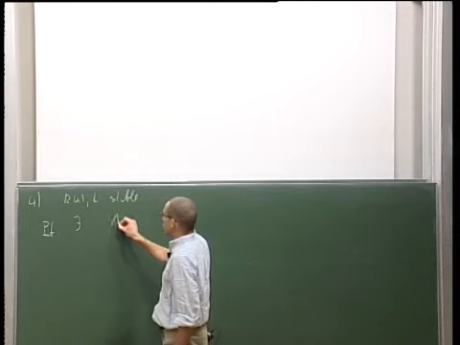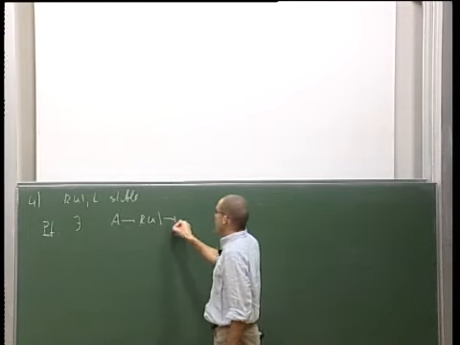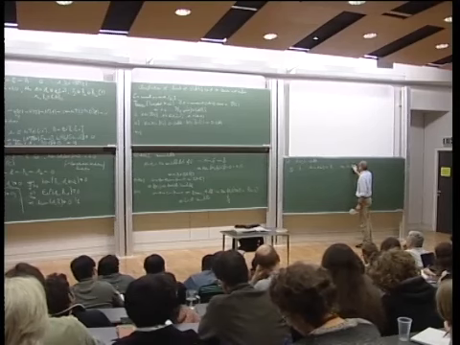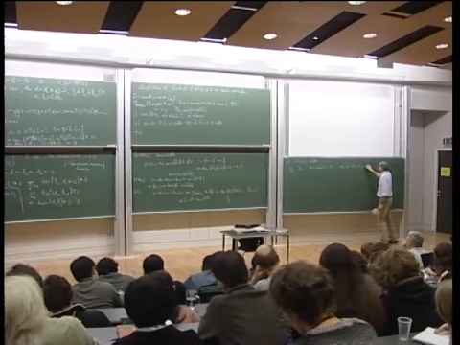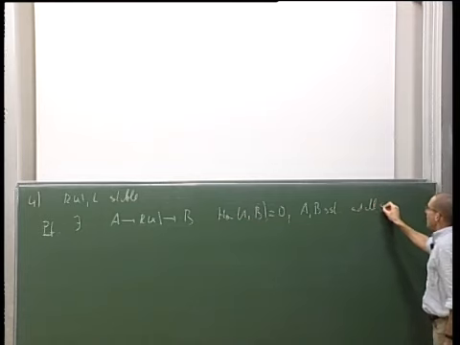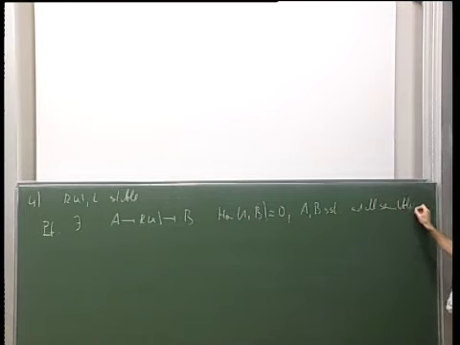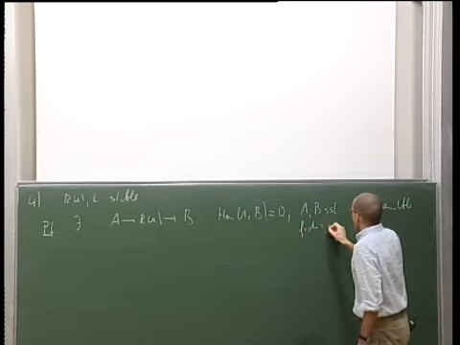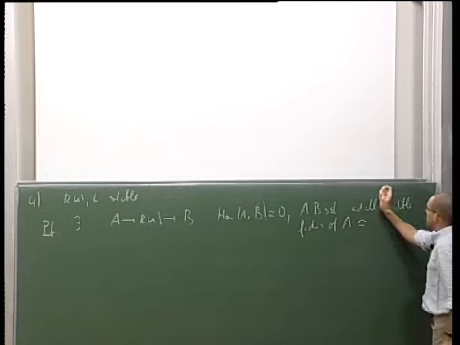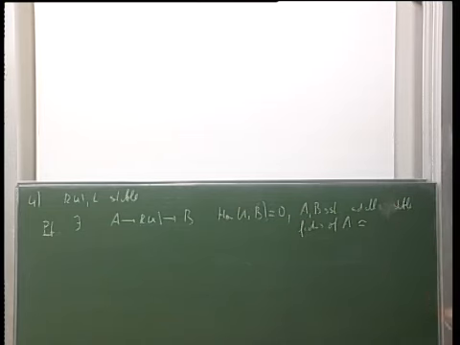They exist in an exact triangle A to Kx to B, such that there are no homomorphisms from A to B, and A and B are both semi-stable, and all stable factors of A are isomorphic to the first stable factor of Kx, isomorphic to A1. This is the first stable factor of Kx.